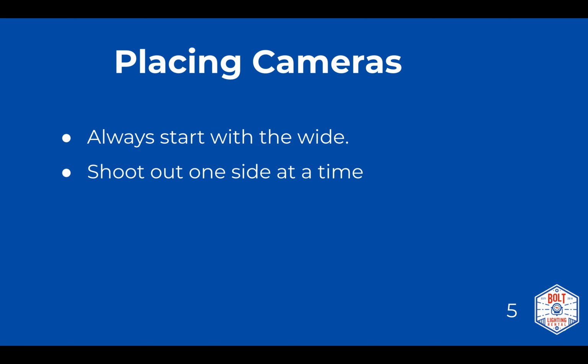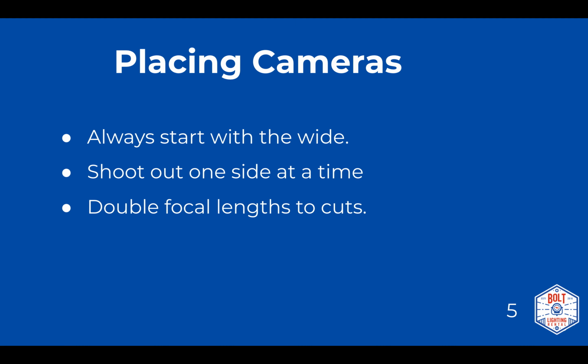Once you've finished with that side, you turn to the left or right and shoot all the coverage facing in that direction, and then turn around and get all the coverage facing the other direction. Jumping back and forth, turning around and then turning around again, is really time consuming, and can be pretty painful for crew morale if you keep doing that.